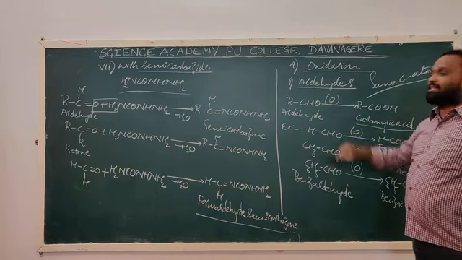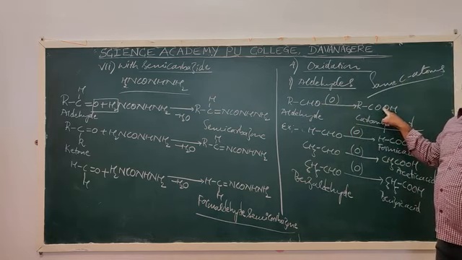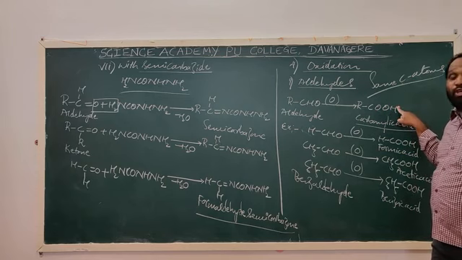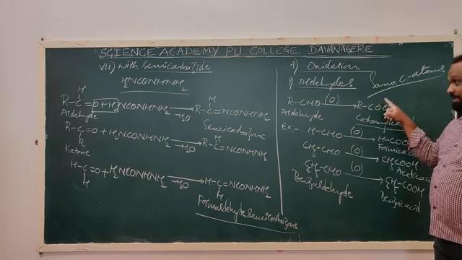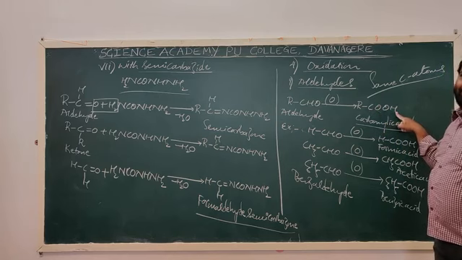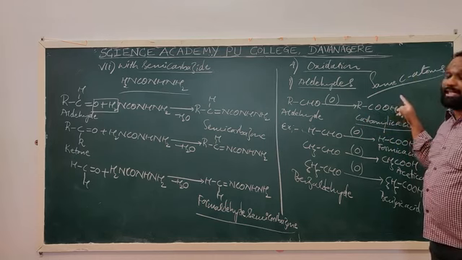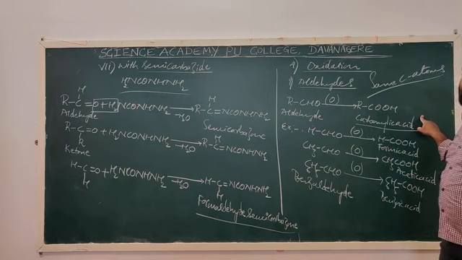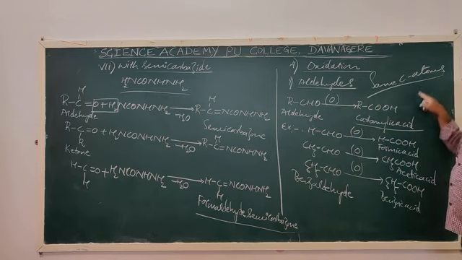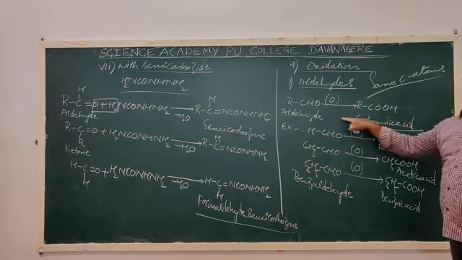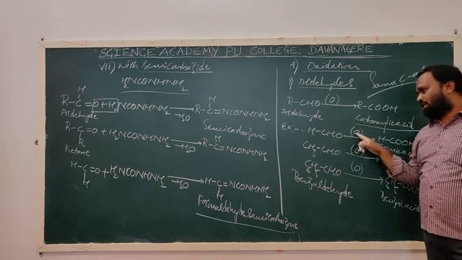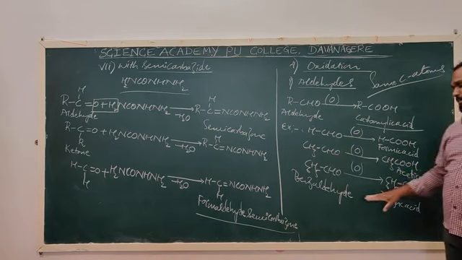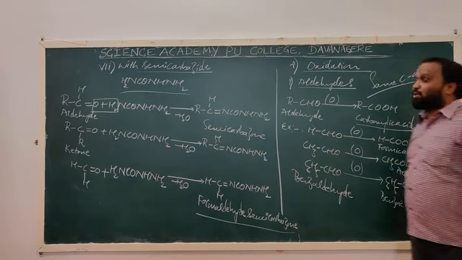Glucose on oxidation gives gluconic acid. The obtained gluconic acid contains the same number of carbon atoms as glucose. So that reaction is the basis for the identification or confirmation of the aldehyde functional group. Formaldehyde on oxidation gives formic acid, acetaldehyde gives acetic acid, benzaldehyde gives benzoic acid.